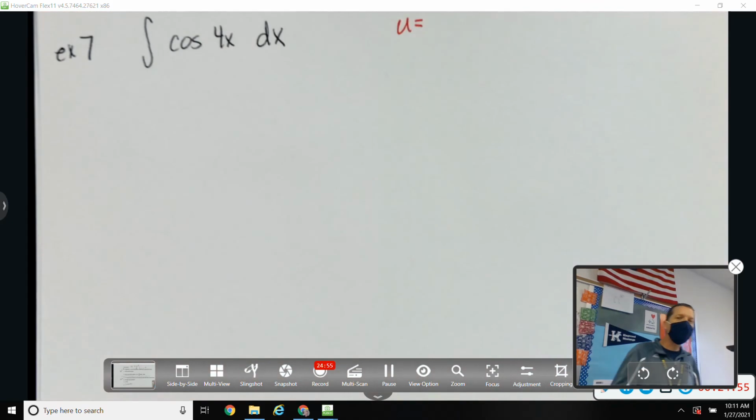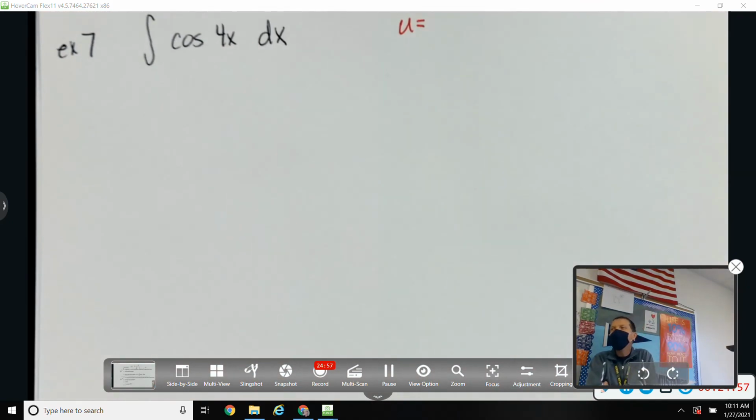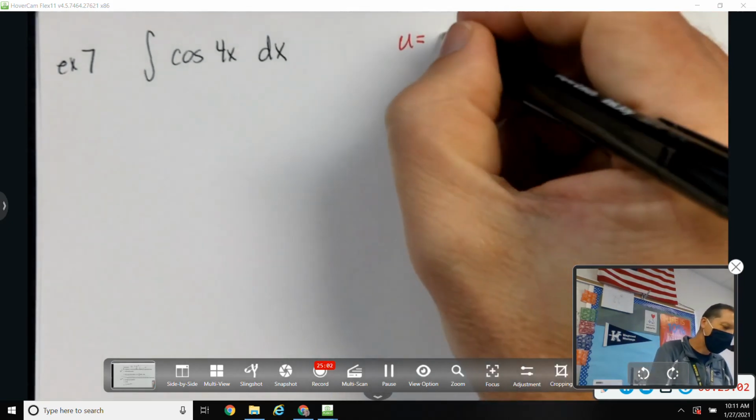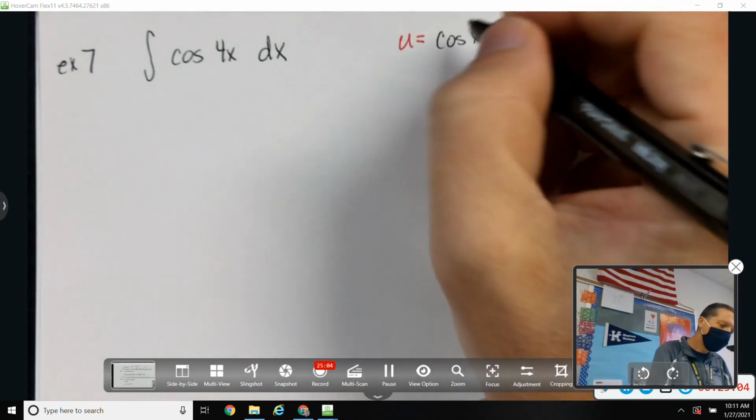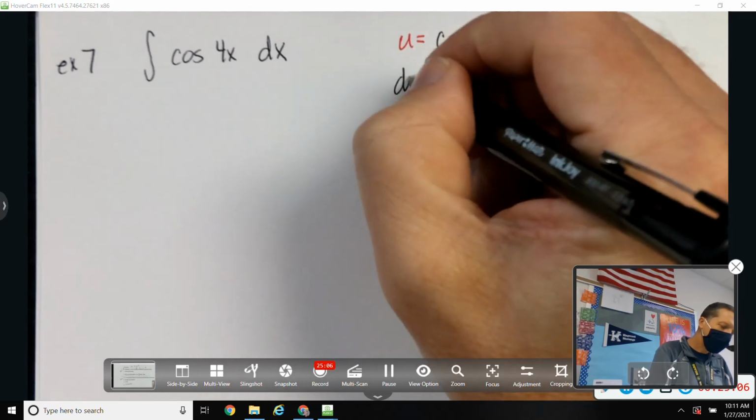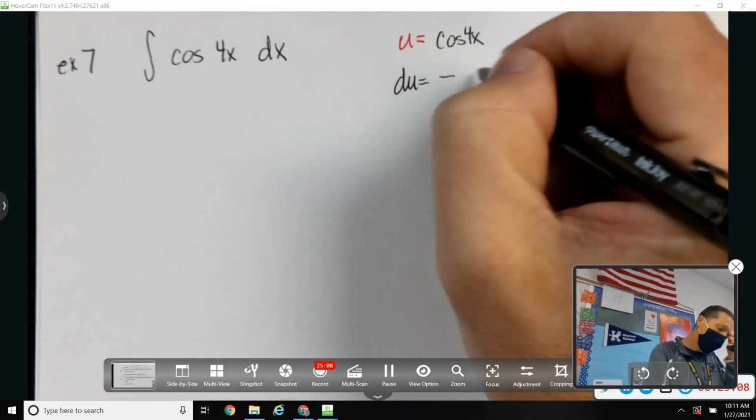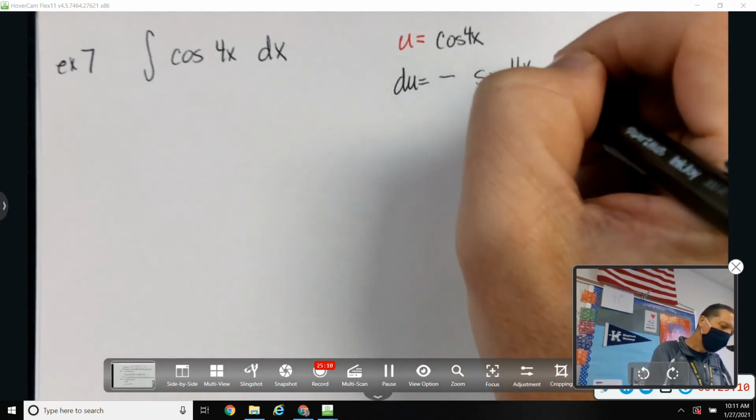Ideas for what u should be? Cosine of 4x. Okay, let's try that. If u is cosine of 4x, then du is negative sine of 4x times 4 dx.